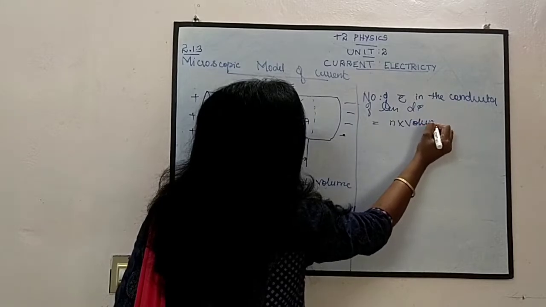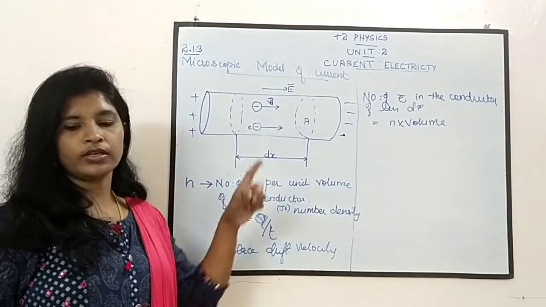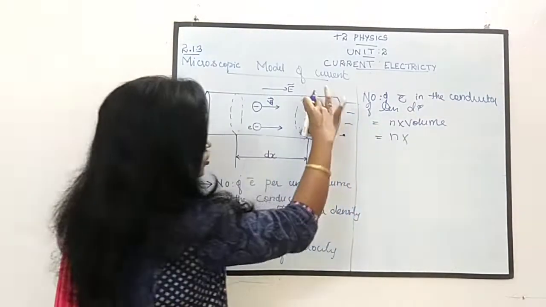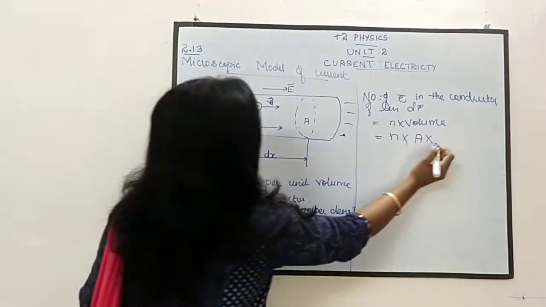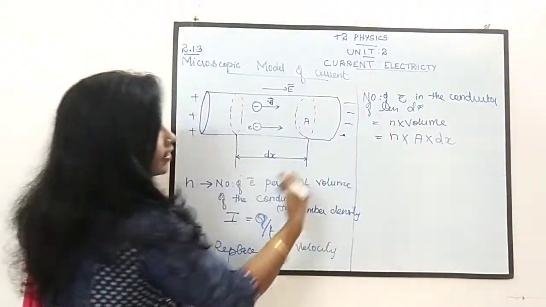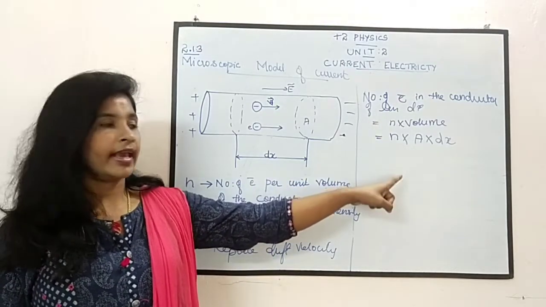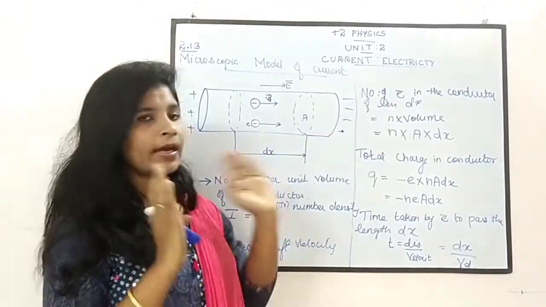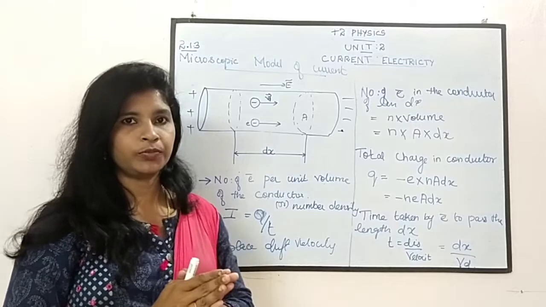So volume we can write as area into length, A into dx. So the number of electrons is N A dx. Now we have found how many electrons are in the conductor of that length.